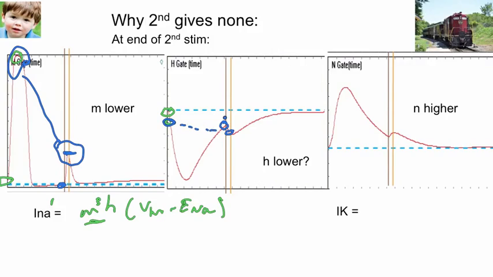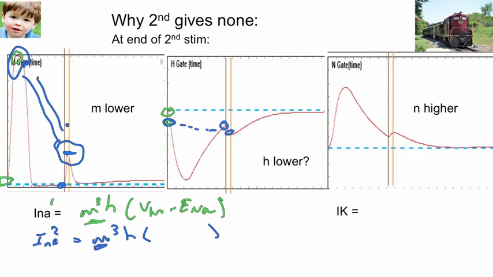So for the second stimulation, taken as a whole, we have I_Na, second stimulation, M cubed H. Both M is lower and it's cubed.